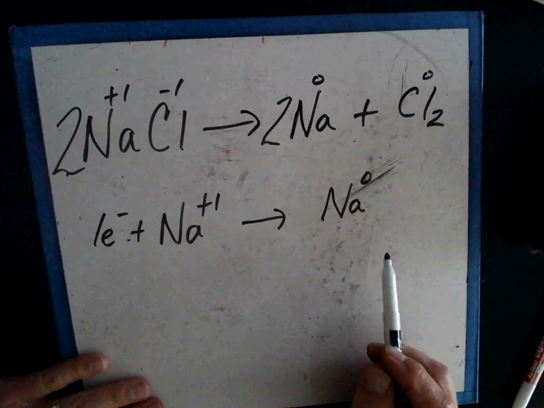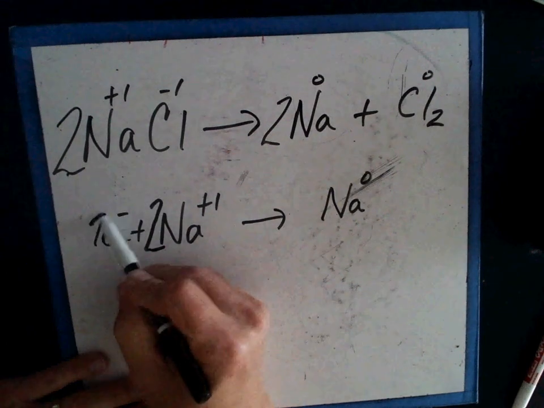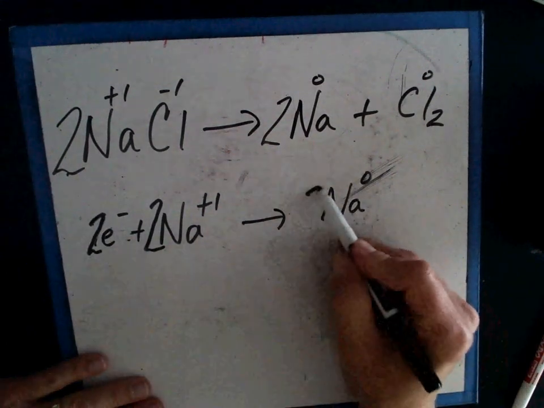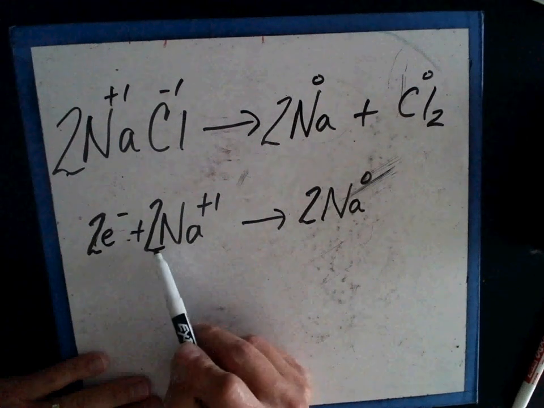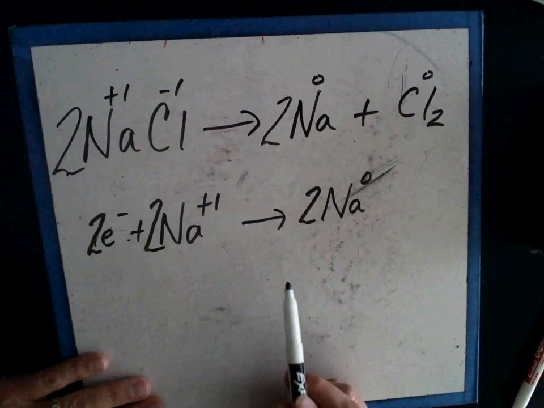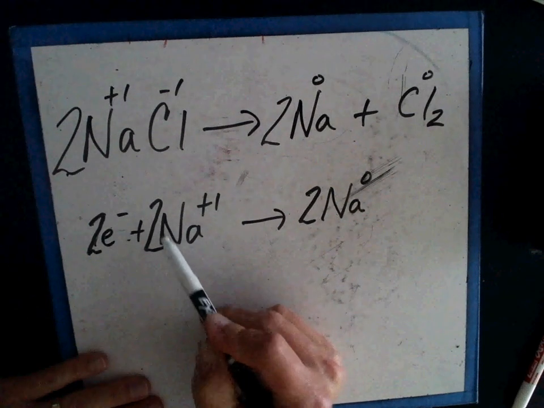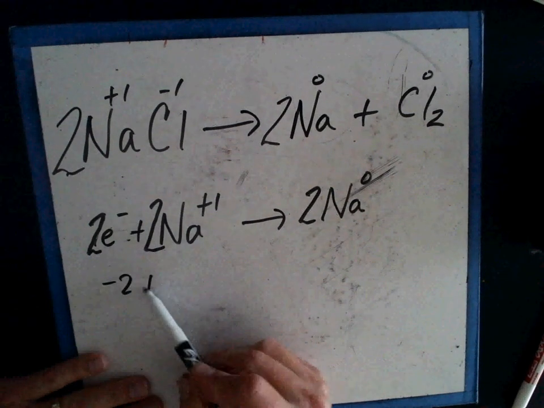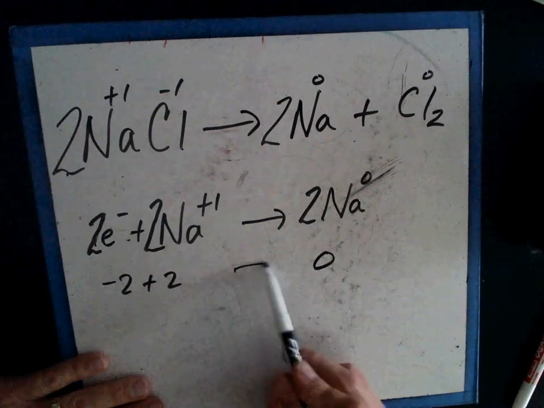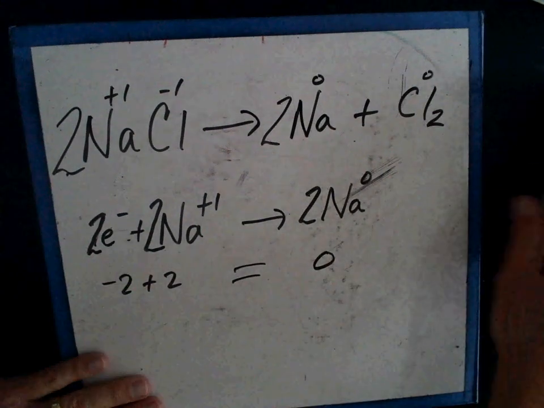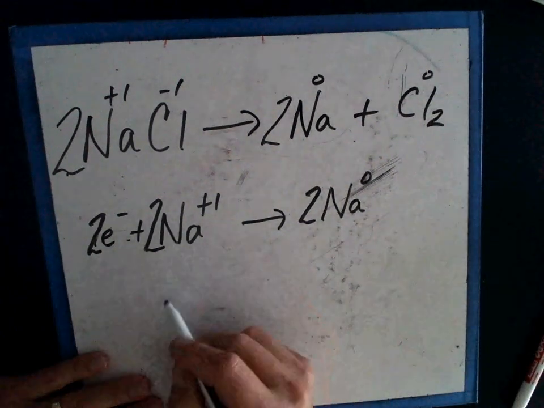So I got my charge to work. Now, do I have everybody accounted for? Well, there's 2 sodiums. So if I have 2 sodiums, it's going to take 2 electrons to make 2 of those. So I balanced my atoms, 2 sodiums, and my charges. 2 negatives, 2 positives, so -2 and +2. That side is 2 times 0, which is 0. Notice how that equals each other. So both sides are equal.